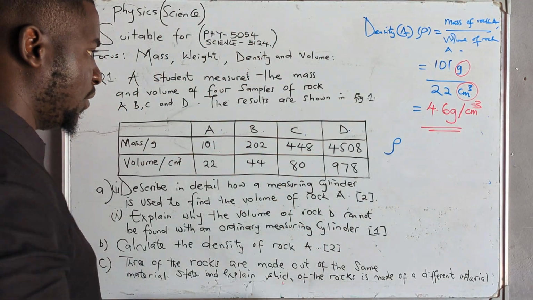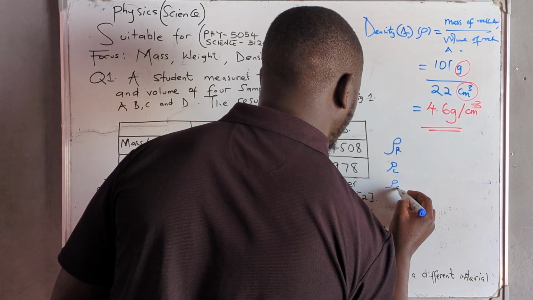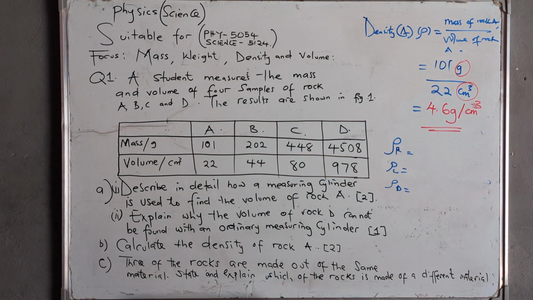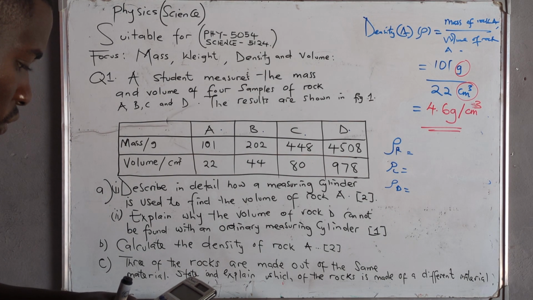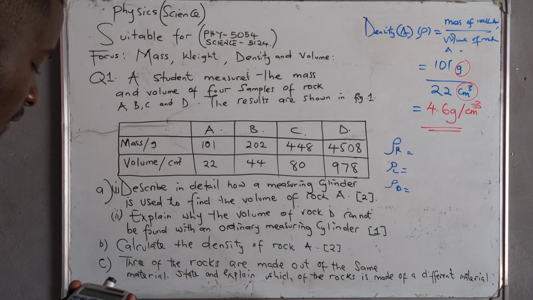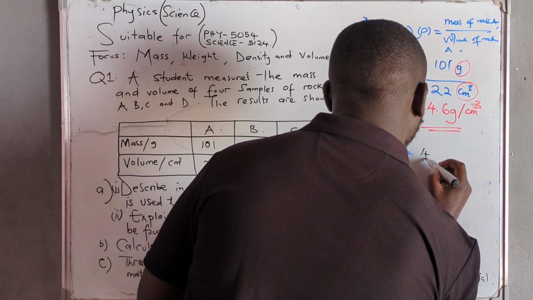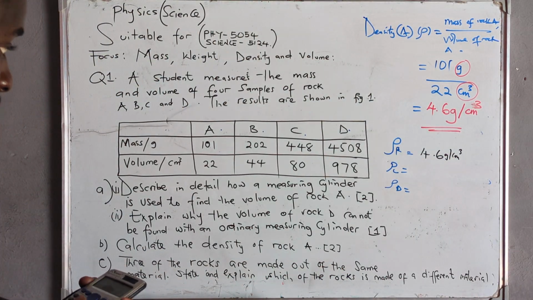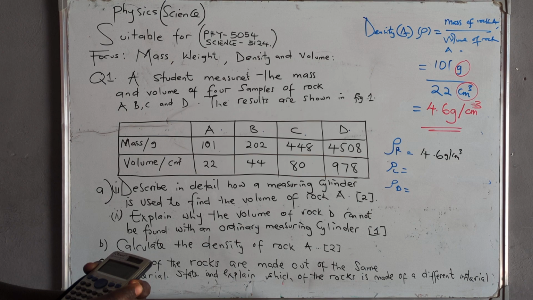So let's calculate for B. So you say rho B, then you say rho C and rho D. Let's see what we're going to be getting. So here again, you punch. So the mass is 202 over 44. And of course, this is going to give you the exact same answer, which is 4.6. Let's try C. So that's 448 divided by 80.